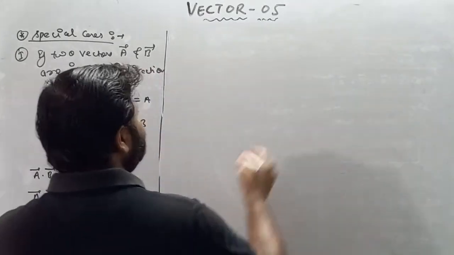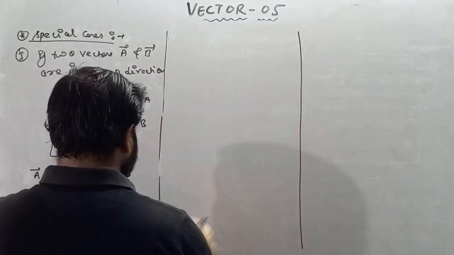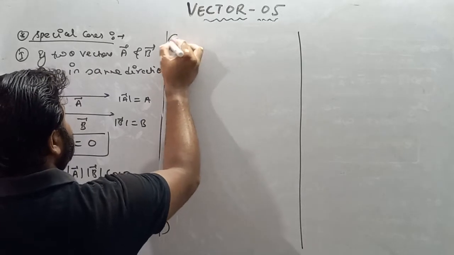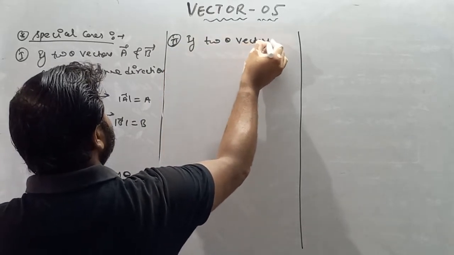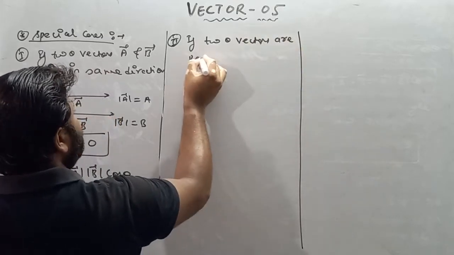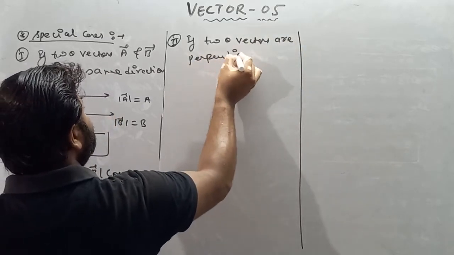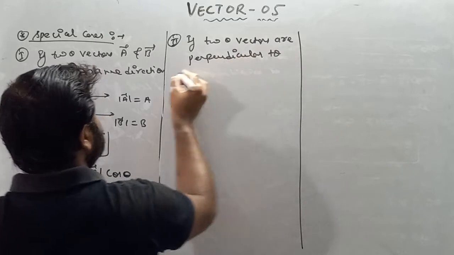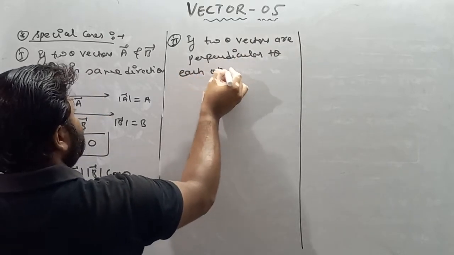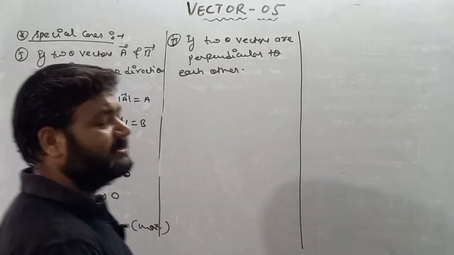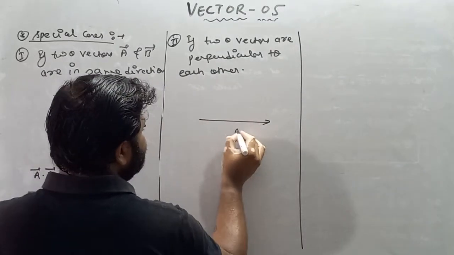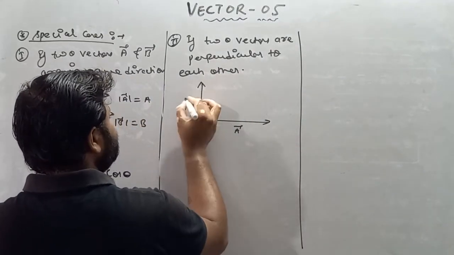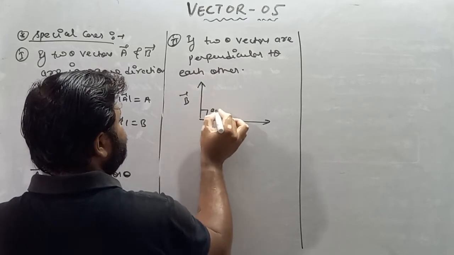Now moving forward, case 2. If two vectors are perpendicular to each other, let's suppose now the two vectors are perpendicular to each other. So one vector is A vector and other vector is, let's suppose my dear student, B vector.